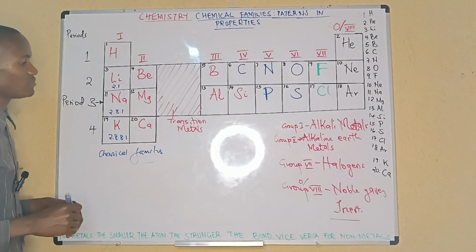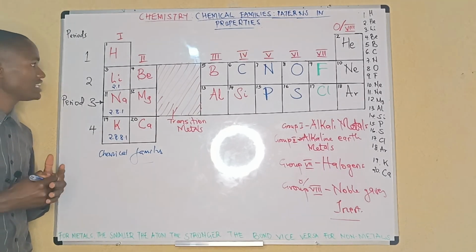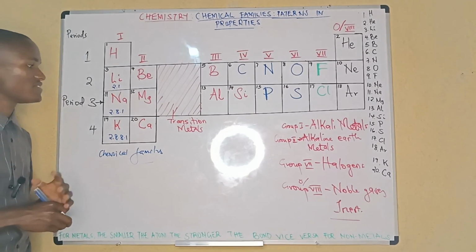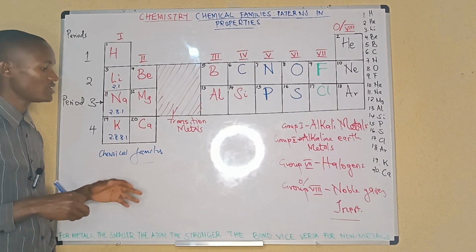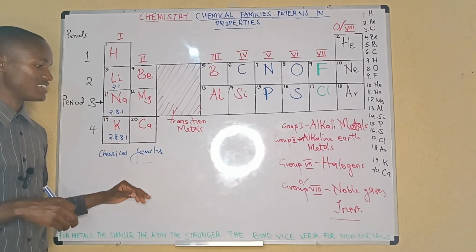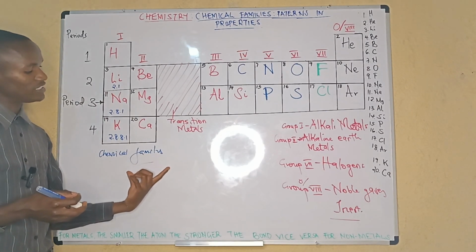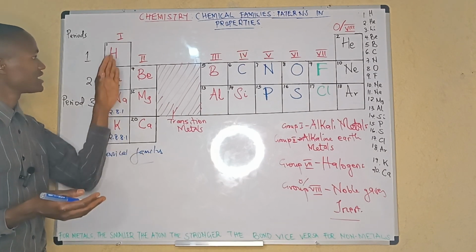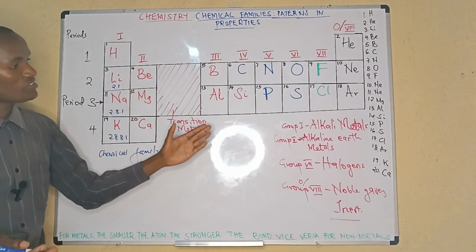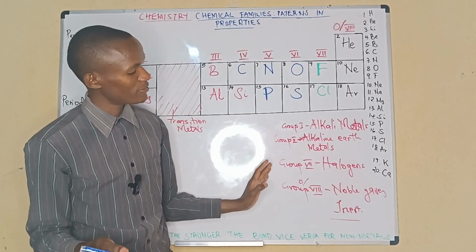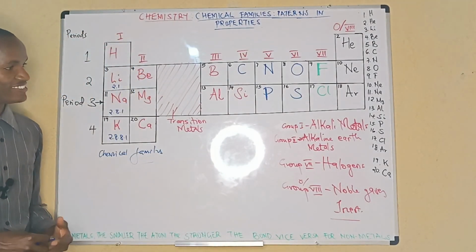It is a family because the elements contained have similar physical and chemical properties. They may change a little bit, but they are similar. So that is why it is called a chemical family. All four of them are chemical families.